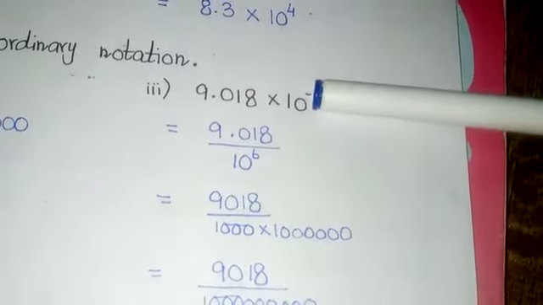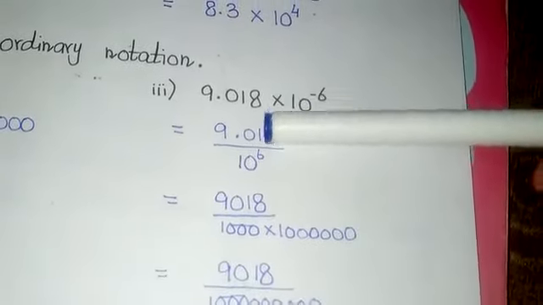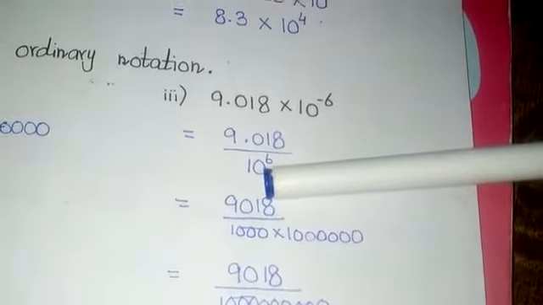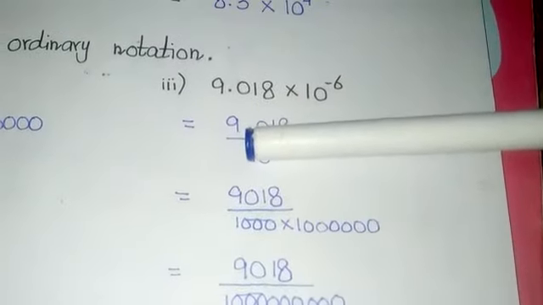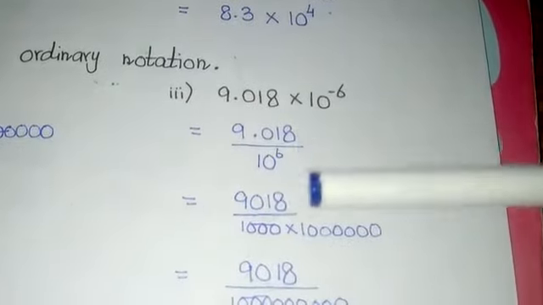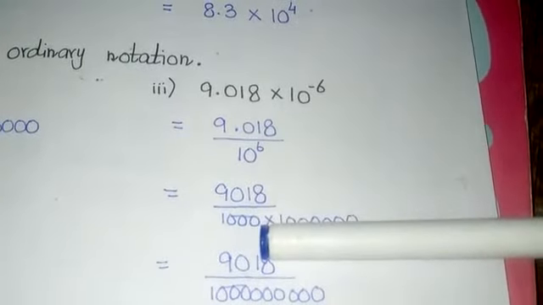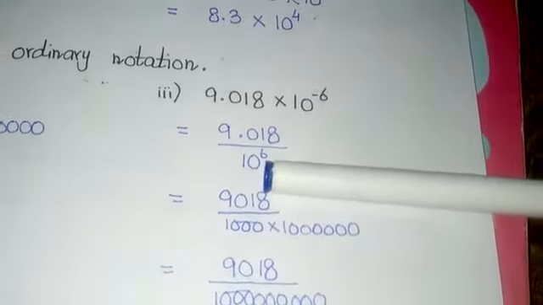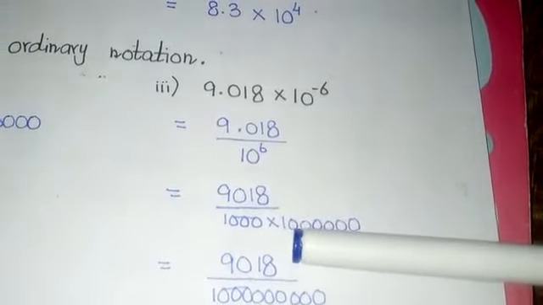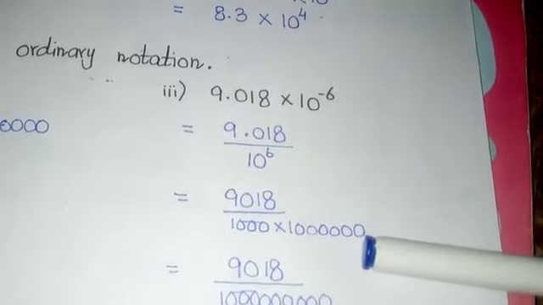Here it is in the numerator. When I shifted it to the denominator, it becomes positive. Now repeat the previous step. Remove the decimal, 1 under the decimal and 1, 2, 3 decimal places, so 3 zeros will come. And when I change this 10 raised to power 6, it becomes 1 with 6 zeros. 1, 2, 3, 4, 5 and 6.